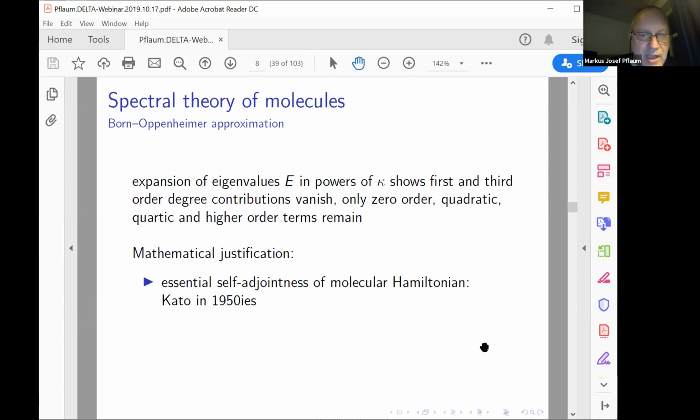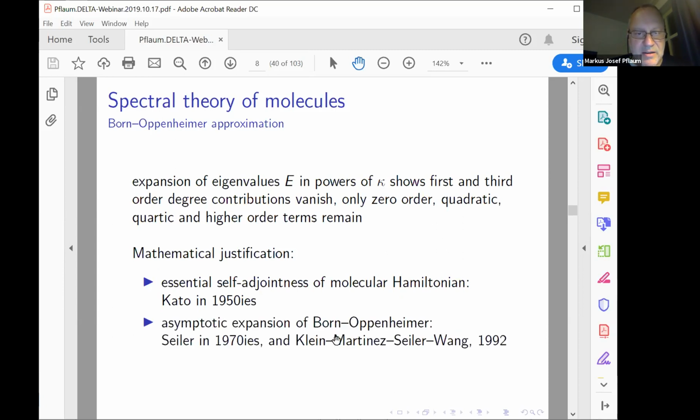A colleague of mine at the University of Colorado, a chemist, had Kato's book on perturbation theory of linear operators in his office, and it seems that chemists are very interested in Kato's work, even though it was very pure mathematics. And the full Born-Oppenheimer expansion that makes mathematical sense was proved by Seiler and a few others in the 70s and in the 90s.